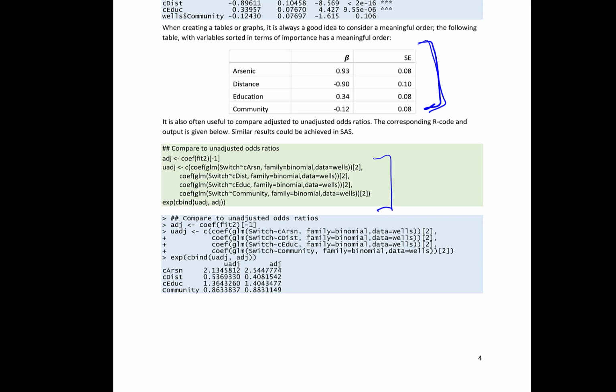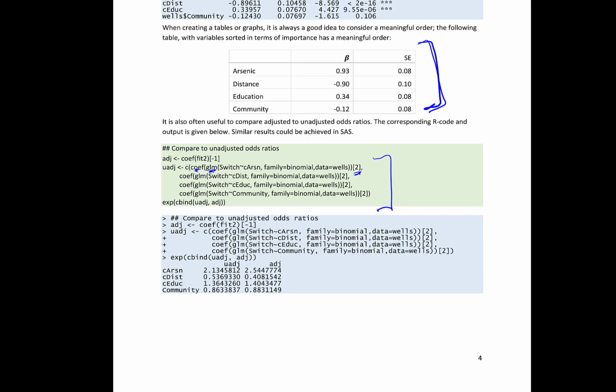First we have switch in arsenic, then switch in distance, switch in education, and switch in community. What this code is doing is combining all of these into a vector that we can then look at, and it does that by calling the coefficient function applied to each of the GLMs, where we're calling the second element.